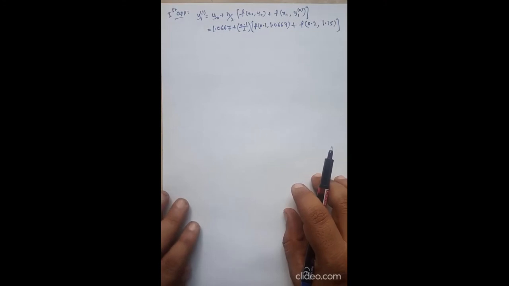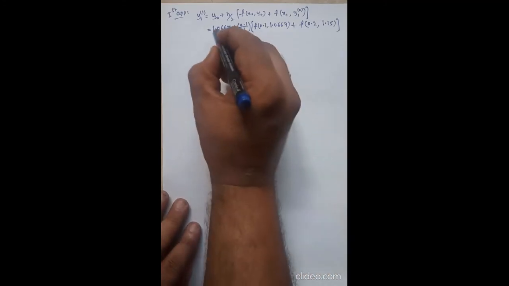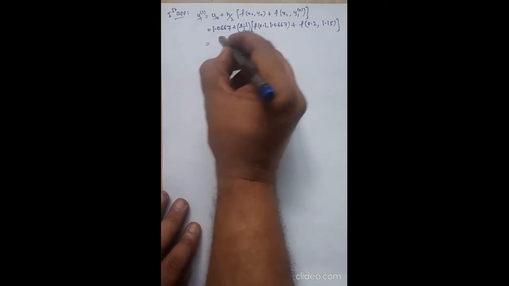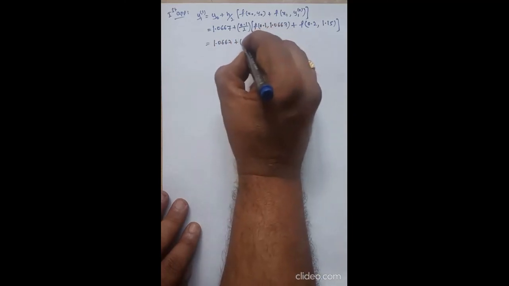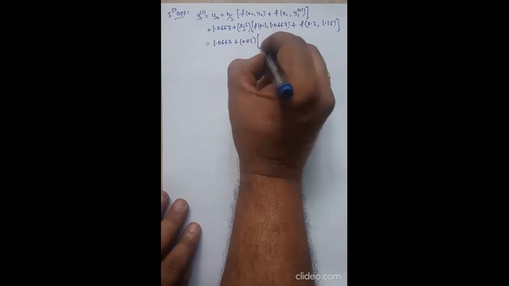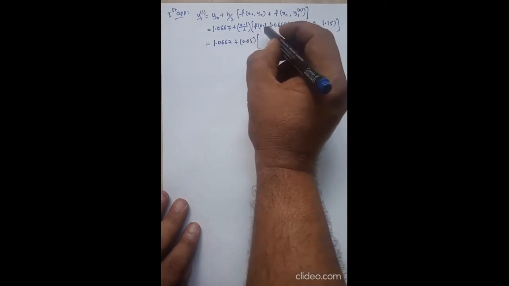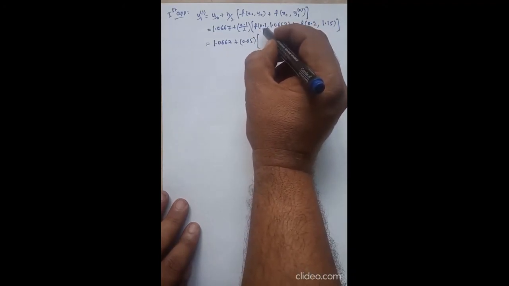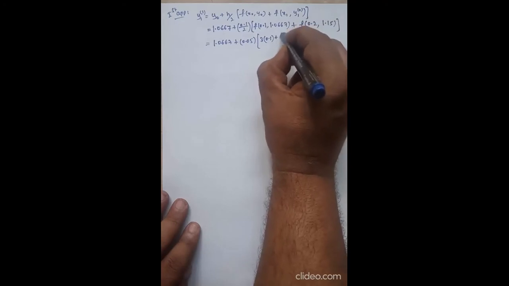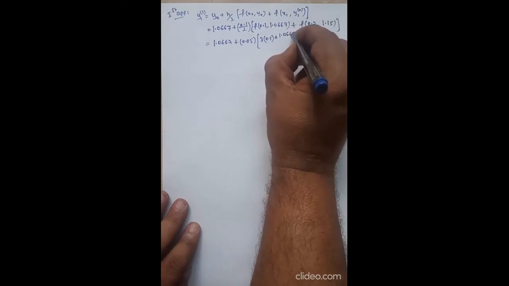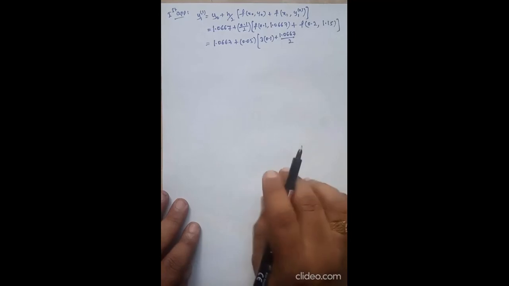Now let us calculate this. Directly I'll write the values: 1.0667 plus 0.05. Now f of x comma y is (3x plus y) by 2, so I'll write 3 into x is 0.1 plus y by 2, that is 1.0667 divided by 2.